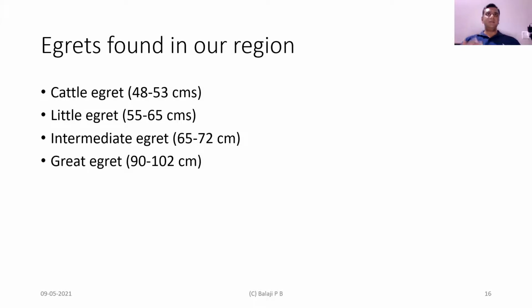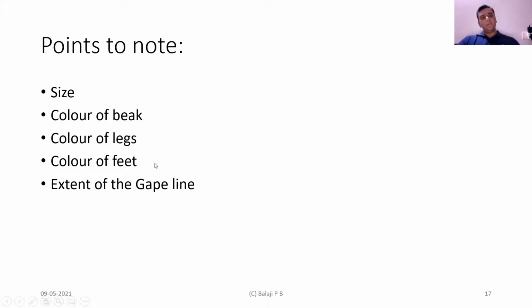Sometimes it becomes obvious that it could only be one of the smaller egrets or one of the larger egrets. When you're looking at birds, it can help you eliminate a couple of species in the field. So with respect to egrets, we need to look at the size of the bird, the color of the beak, the color of the legs, the color of the feet, and the extent of the gape line.